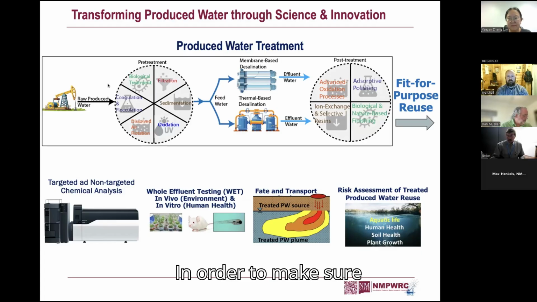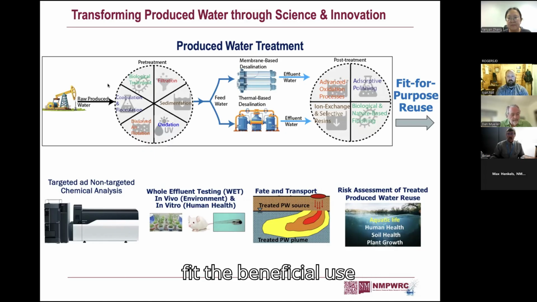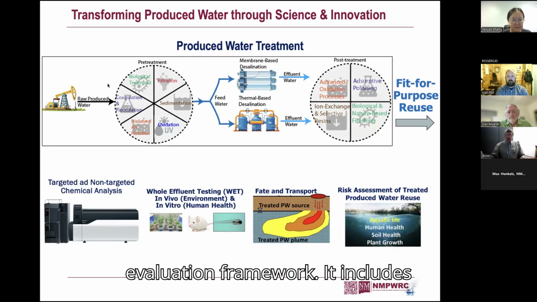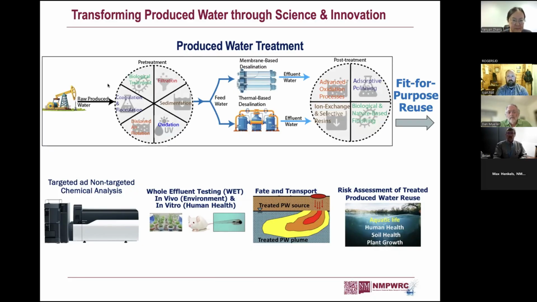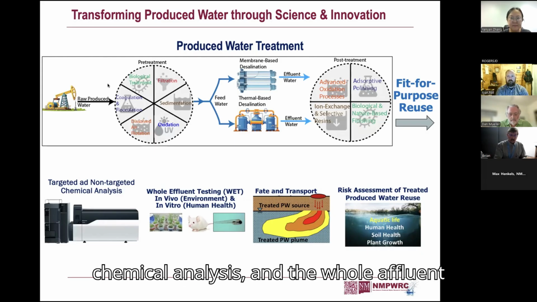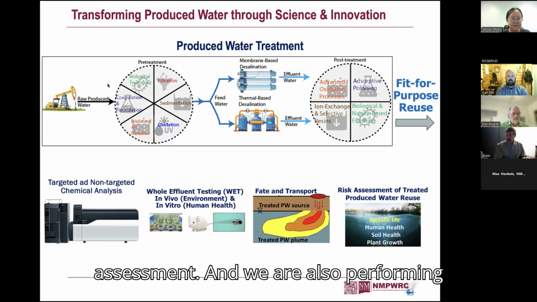In order to make sure these treated produced waters could fit the beneficial use applications, we use a very comprehensive evaluation framework. It includes the targeted analysis, non-targeted chemical analysis, and the whole effluent toxicity, including also the in vivo and the in vitro assessment.